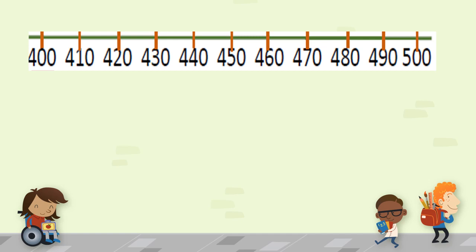So our 100 before is 400 and 100 after is 500, and he's asking us about 480. What are we going to do? We're going to put a square around the middle number, and we're going to put a circle around our number.